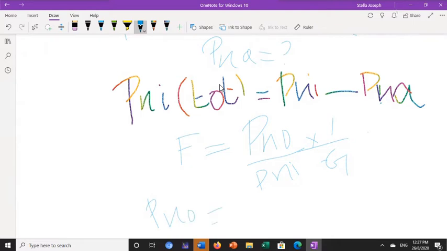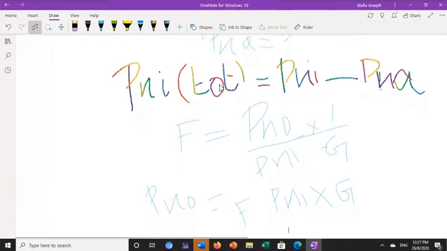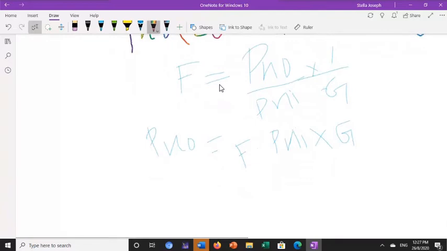PNO is equal to F into PNI into G. Now I know what is my input power.